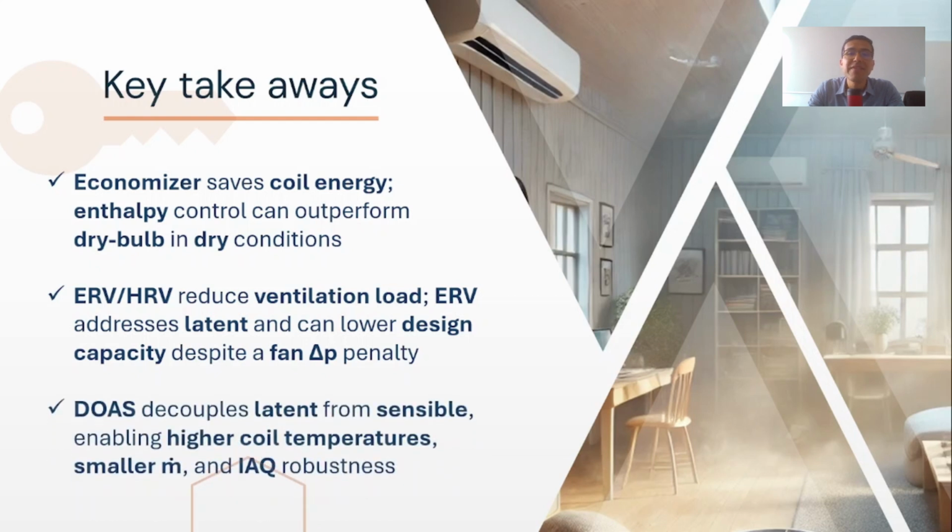And finally, we have the DOAS, a game-changing strategy that fundamentally changes how a system operates. By decoupling latent from sensible tasks, a DOAS allows for higher return coil temperatures, which improve efficiency. It also enables a smaller circulation airflow and provides greater reliability for meeting indoor air quality standards, especially at low loads.